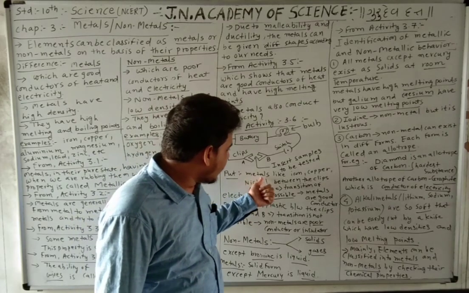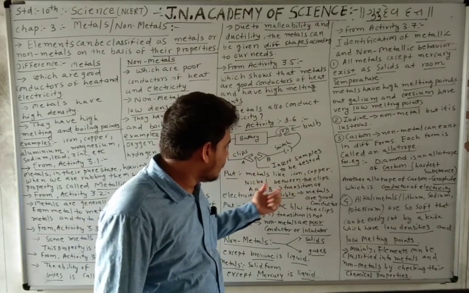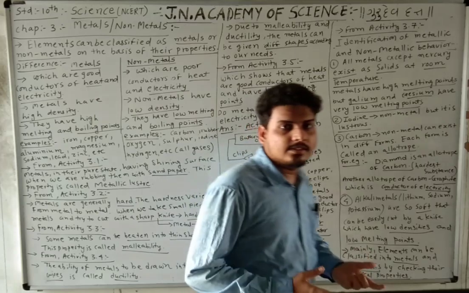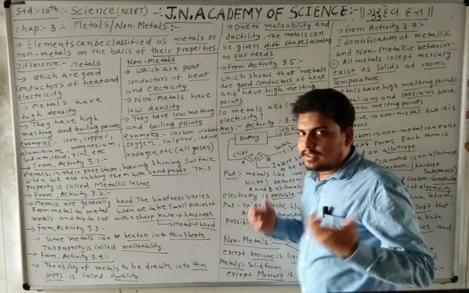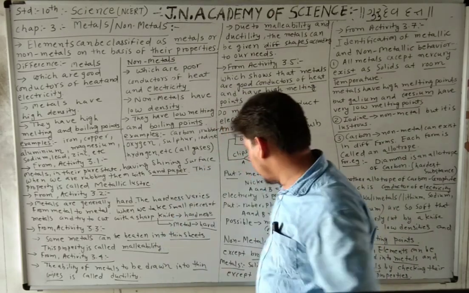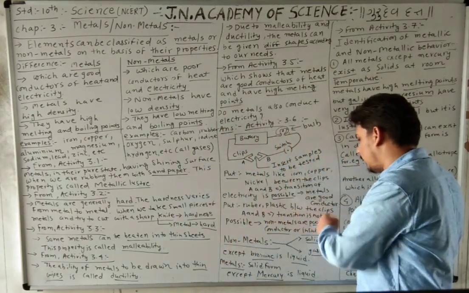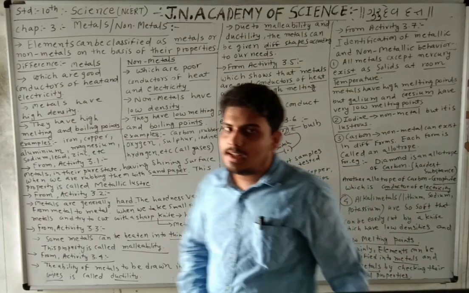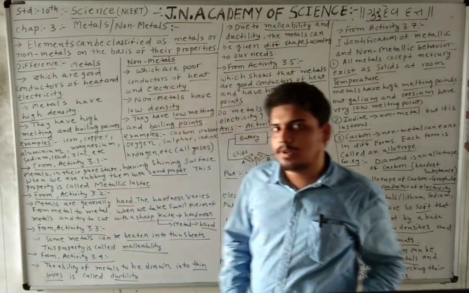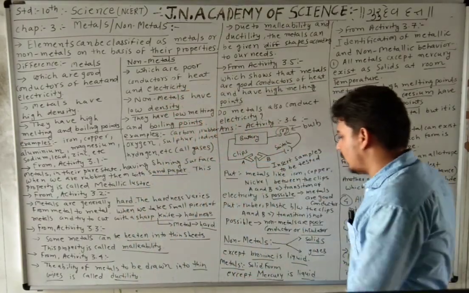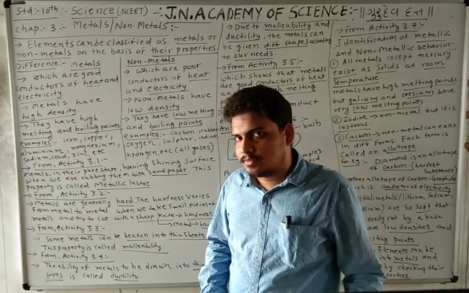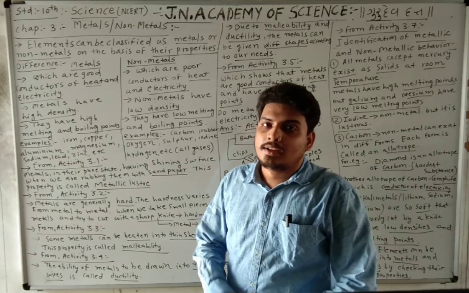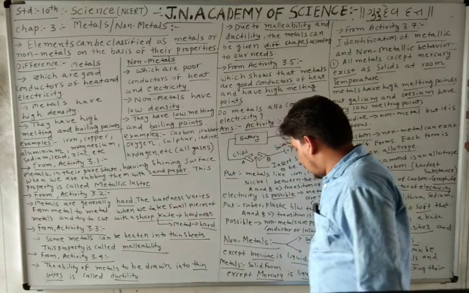If we put metals like iron, copper, nickel between the clips, the transmission of electricity is possible, so it is a conductor. But if we put rubber or plastic between clips A and B, then transmission of electricity is not possible, so it is not a conductor. It is an insulator.